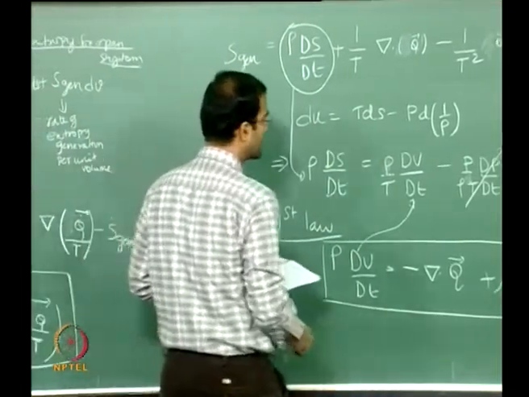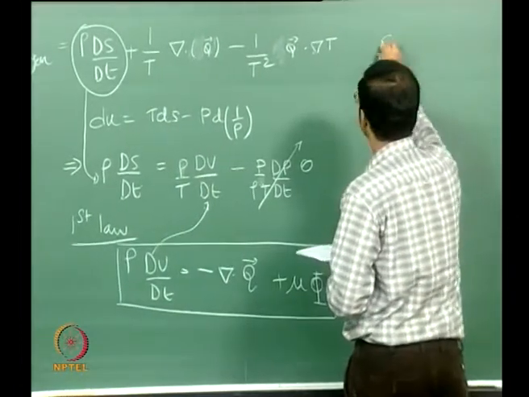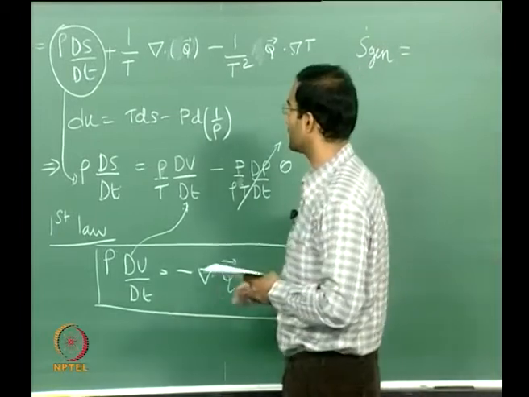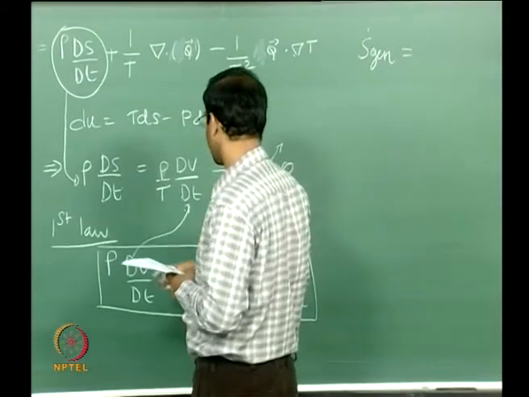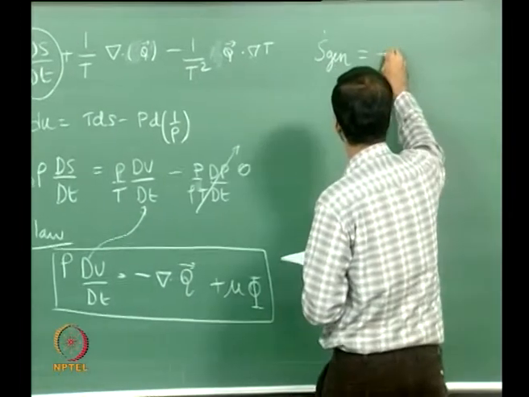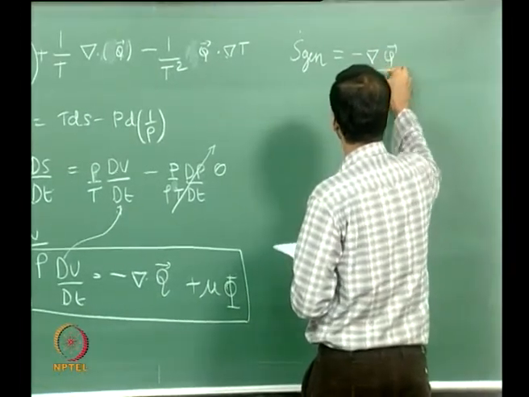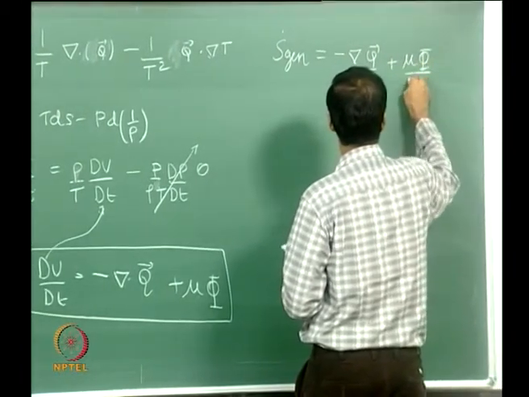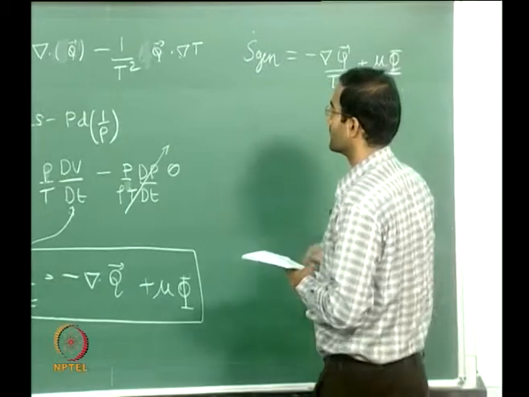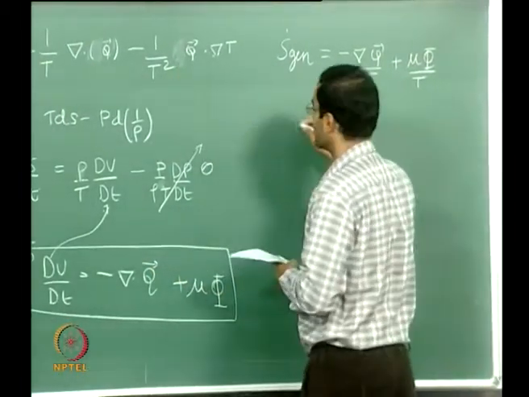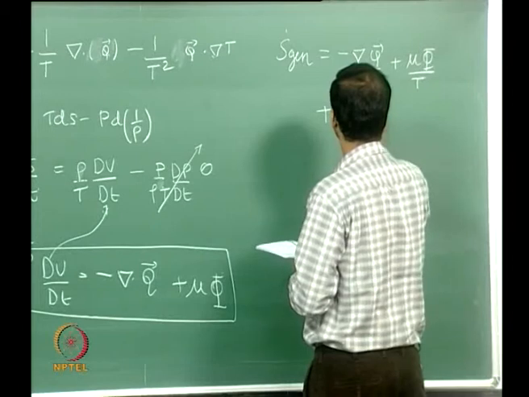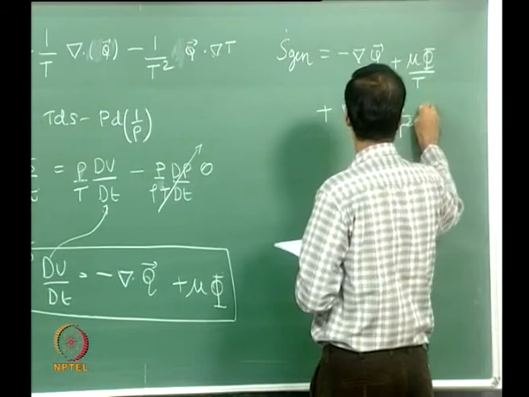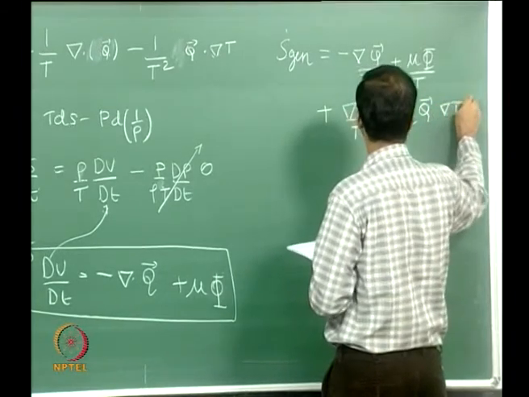So the resulting expression for s dot gen: rho ds by dt is nothing but rho by T du by dt, which will be minus del dot q by T plus mu phi by T. So that is this term, plus you have these two terms, plus del dot q by T minus 1 by T square q dot del T.